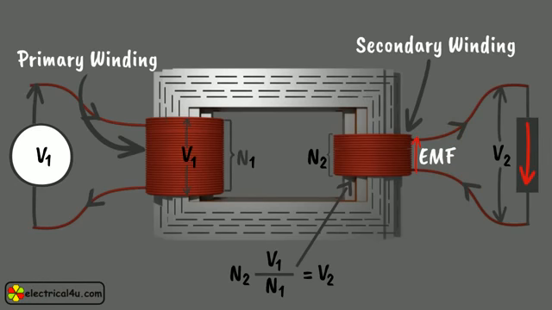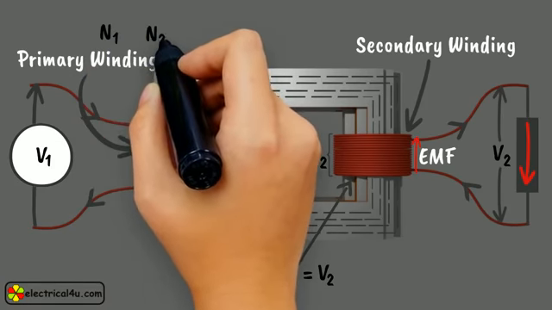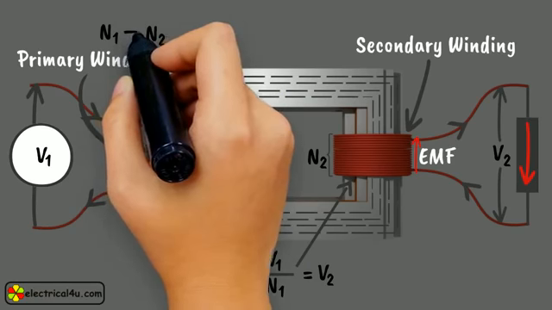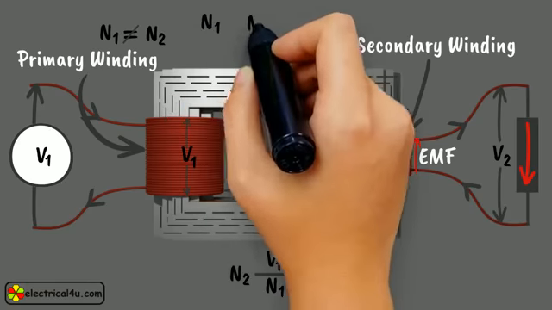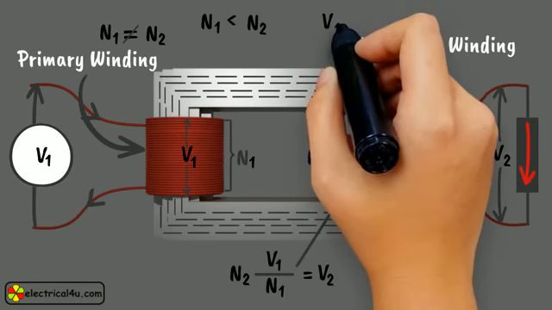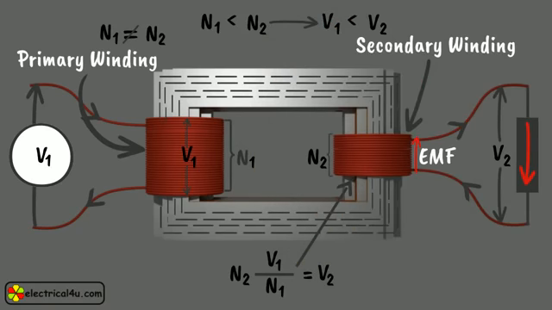If the number of turns of secondary winding is not equal to that of primary winding, that is, if N2 is not equal to N1, then secondary voltage of the transformer is different from primary voltage. Now, if N2 is greater than N1, the secondary voltage will be more than primary voltage.